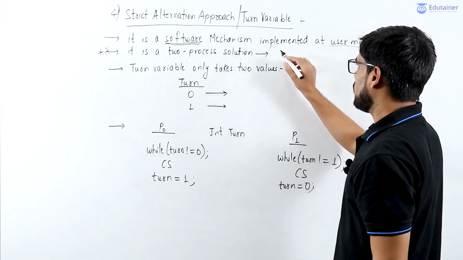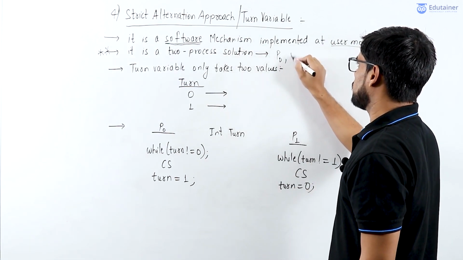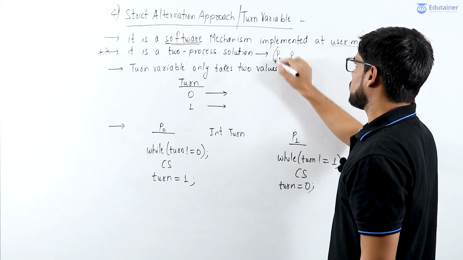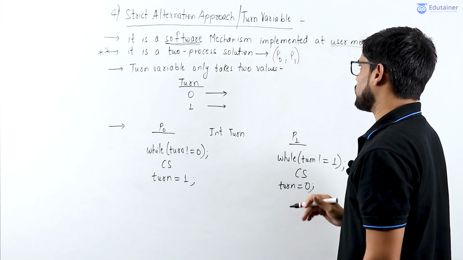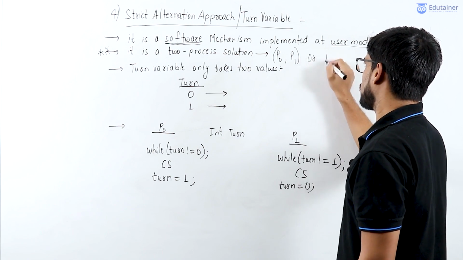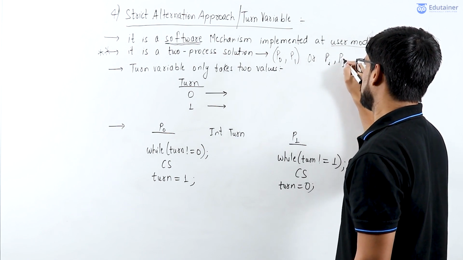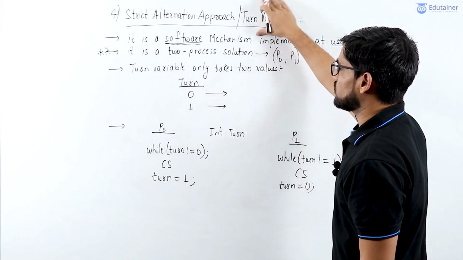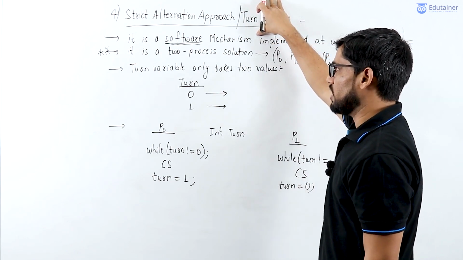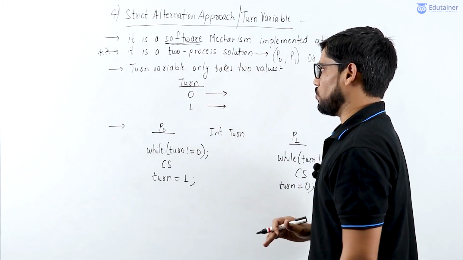So what I mean to say, let's say we have two process P0 and process P1. So process P0 and process P1 is eligible for this busy waiting solution, or you can call it as process Pi or process Pj. Okay, so only two process can be eligible for this busy waiting solution. That's why it is called two process solution.